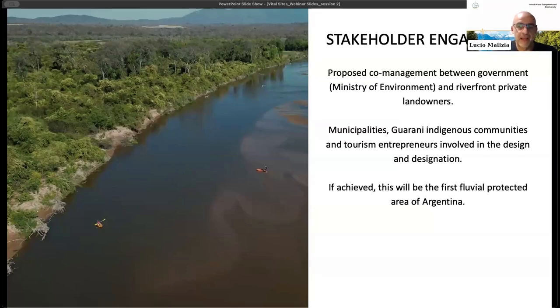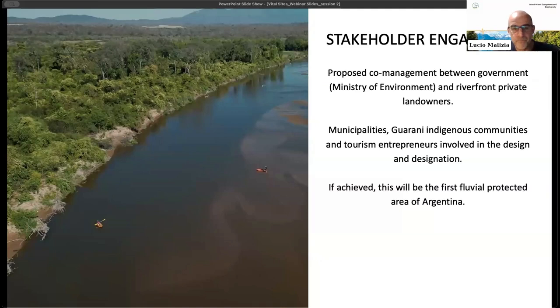strategy. And a few minutes ago, I mentioned meetings that we organized for a couple of years with municipalities. Argentina is divided in provinces, and then provinces are divided in municipalities.